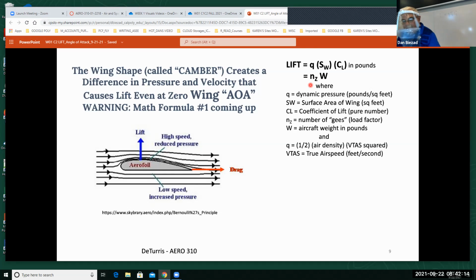An airplane can pull, by increasing angle of attack at high speed, up to a maximum of NZ max. An airplane like this, the T-37, can pull about 5 Gs max. An airplane like this, the T-38, my favorite airplane, I got about 800 hours in this airplane. They just retired it, by the way.